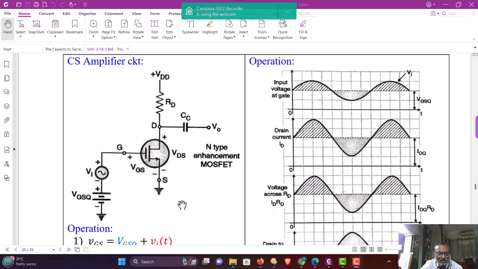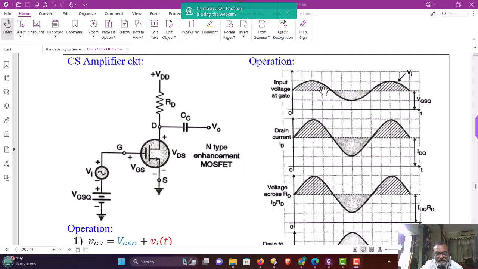Now, how does this circuit operate? Let us suppose that the input AC voltage is applied as shown in the waveform for vi. This input voltage, if you see carefully, will be riding over the value VGSQ because here the input is connected in series with VGSQ.